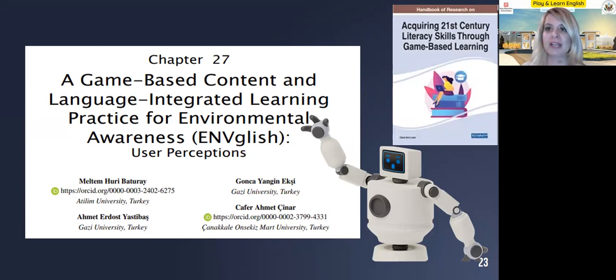And also, if you look at a wider perspective, CLIL is any topic, any content learning. It could be sustainable development, environmental awareness, gender equity, or such kind of topics can also be studied as values that we want our students to acquire.